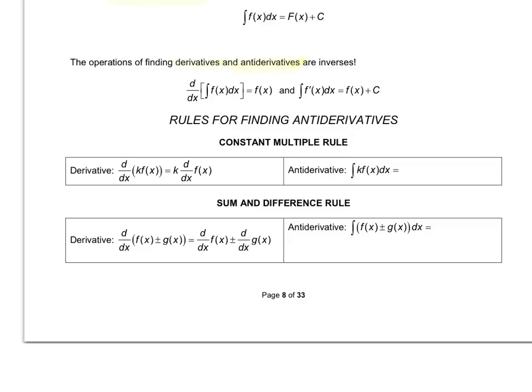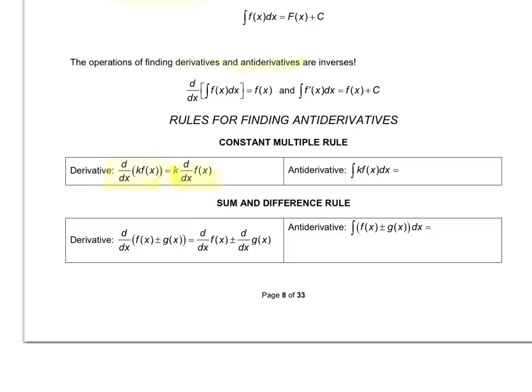Okay, so let's go through all the rules of finding antiderivatives. First of all, we've got our derivatives on the left-hand side, and then we'll talk about the antiderivatives on the right. So if you are taking a derivative of a function times a constant, we had said that there's a constant multiple rule. And that rule says that you could just pull out the constant to the front and then just do the derivative of the function afterwards.